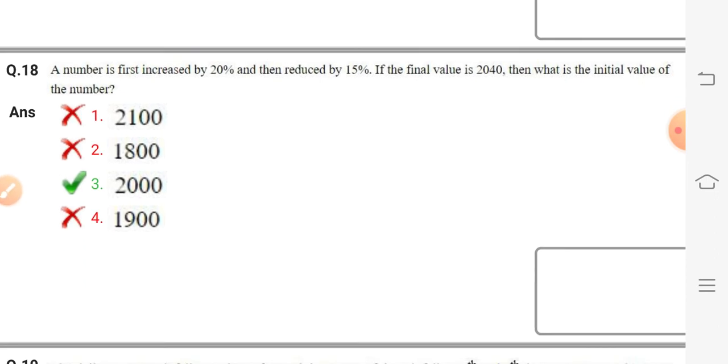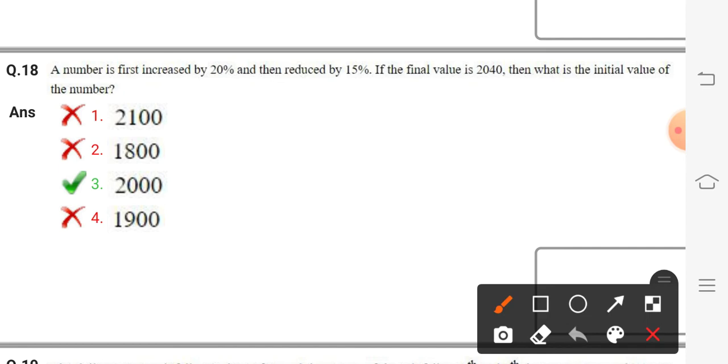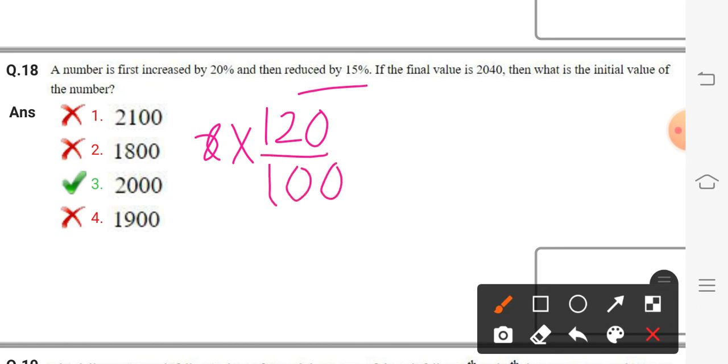Next question. A number is first increased by 20% and then reduced by 15%. If the final value is 2040, then what is the initial value of the number? Consider the number x. It is first increased by 20%. In 100%, if we increase 20%, we get 120. So 120 by 100 into reduced.